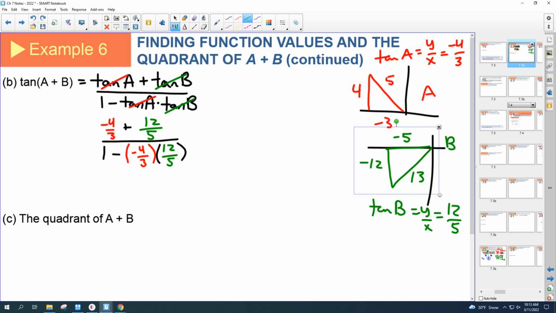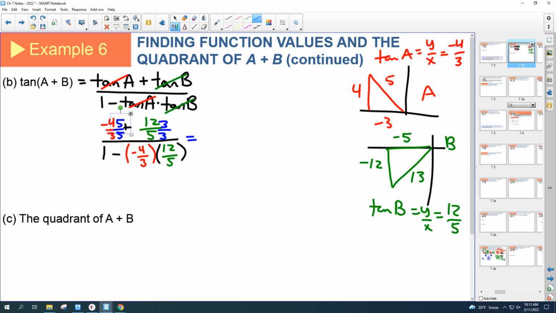So far, so good, but now we've got to deal with all these fractions and stuff. All these fractions, it takes a while. It's kind of tough, I suppose. Just take your time. All right. On the top, I see adding fractions. I need a common denominator, so I'm going to multiply by 1. Over here, I'm going to multiply by 1 to get a common denominator.